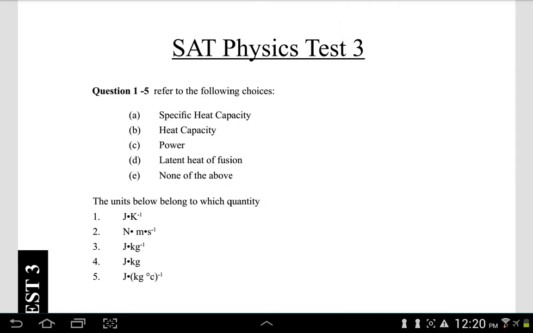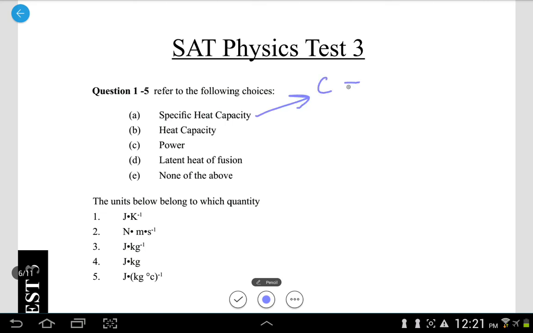All right, SAT Physics Test 3, number 1 to number 5. Use the following choices for the units below. Let's see the first one. I would like to know what unit the specific heat capacity has. So I'll write its formula out.